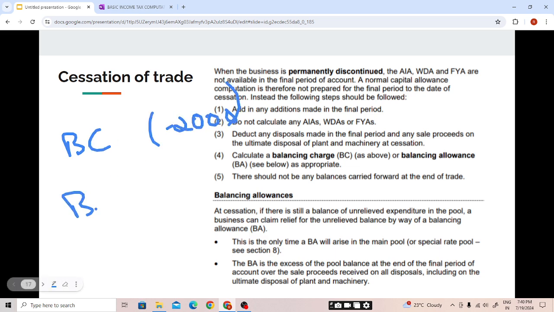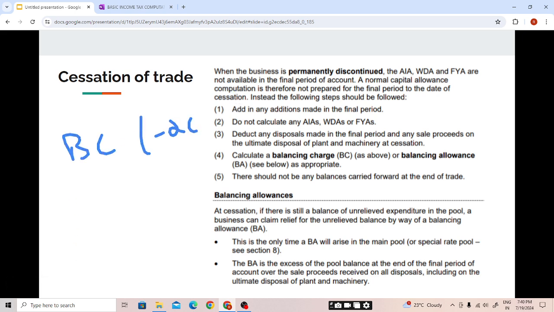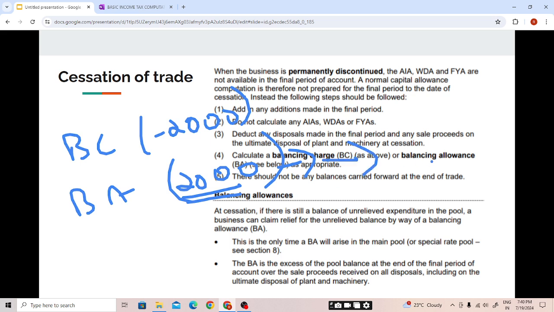Either a positive balance will be balancing allowances, students. It will be a balancing allowance, and this balancing allowance is only available for main and special rate pool when the business ceases. I hope this is clear. And this 2000, the whole amount will be taken to the allowance column.